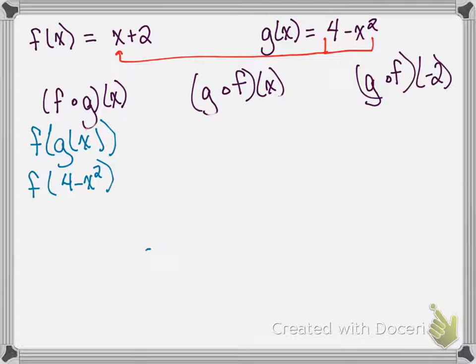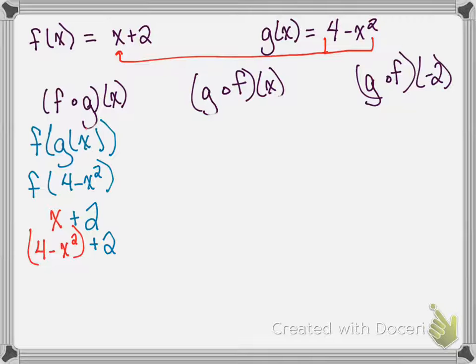Okay? That's what I'm doing. So I'm going to have x plus 2. And where that x is, I'm going to put 4 minus x squared. And then I am adding 2 to it.